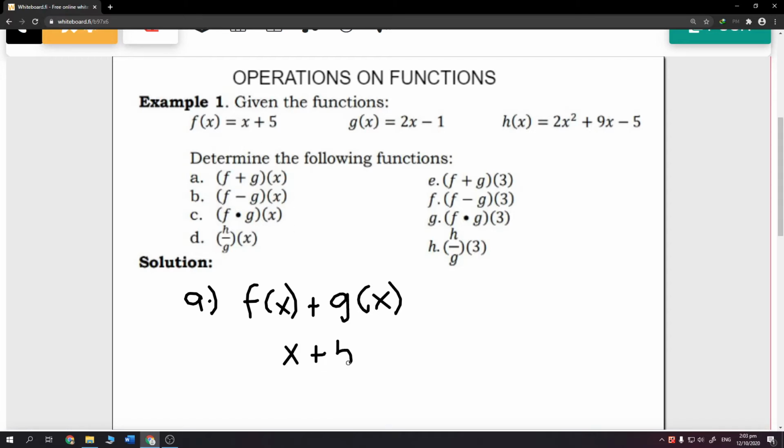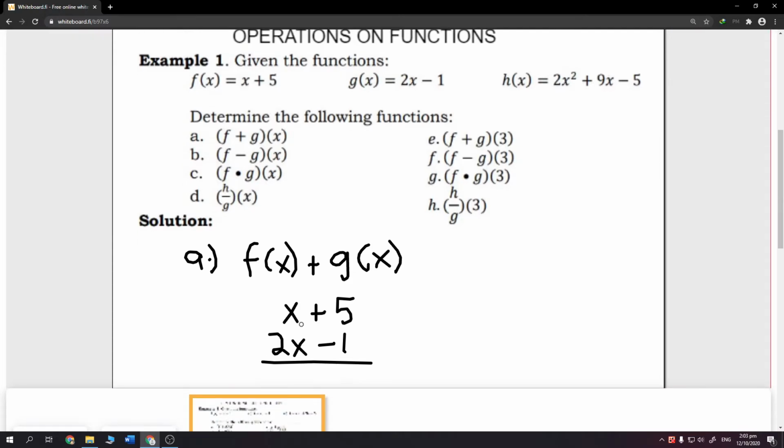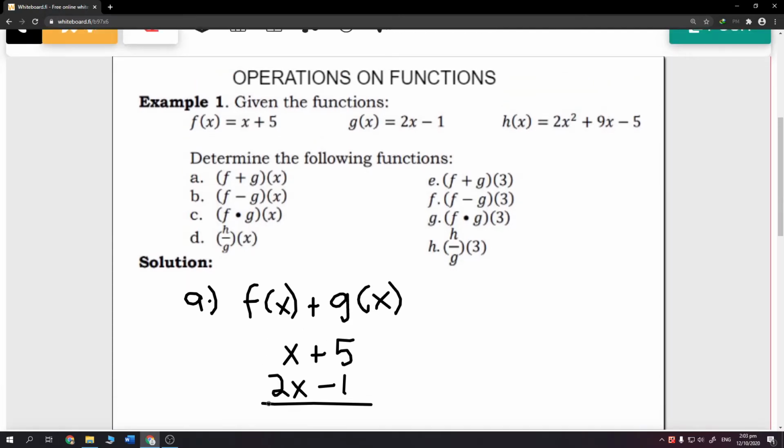So f(x) is x plus 5. Then we have g(x), which is 2x minus 1. All you have to do is align according to the variable. So this is the column of constants, and this is the column of expressions having x as a variable. This is addition, so we can start adding from the left.